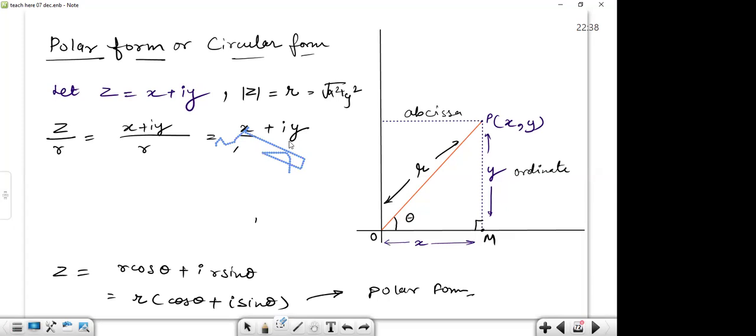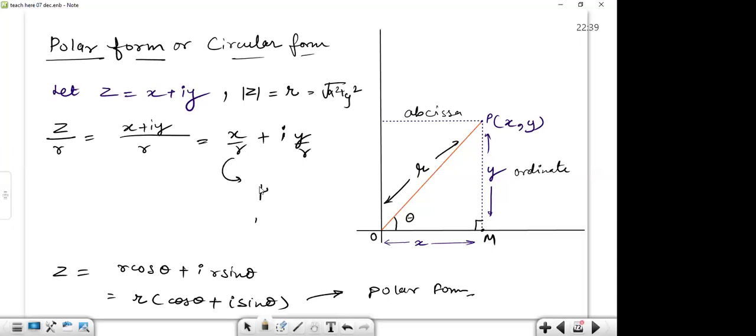So if x is getting divided by r, we can write it as x divided by r plus iota times y divided by r.